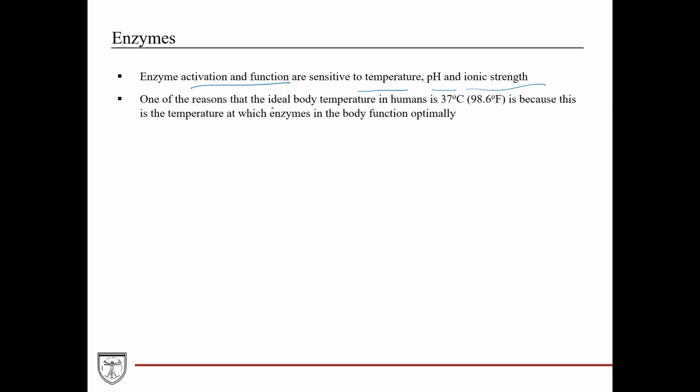One of the reasons why the ideal body temperature is 37 degrees Celsius or 98.6 Fahrenheit is because this is the temperature at which enzymes in the body function optimally. That's why a really high fever or being really cold, with hypothermia, among other physiological effects, can also affect enzyme function. And that's why our bodies work hard to make sure this temperature is maintained.